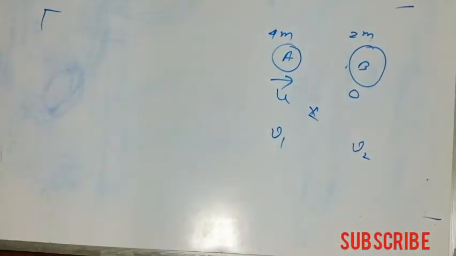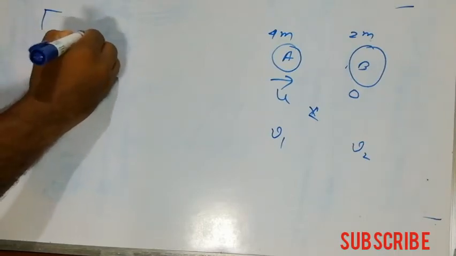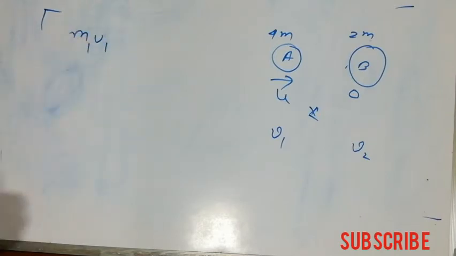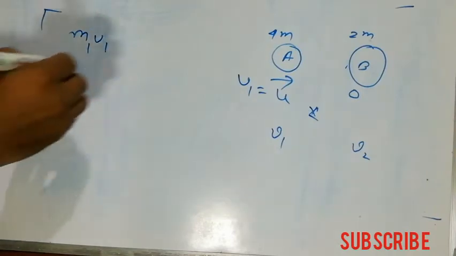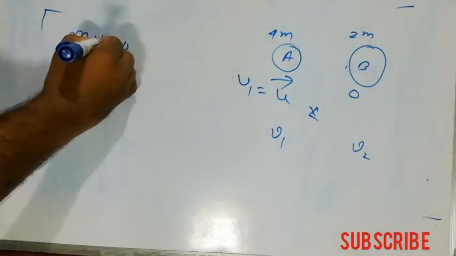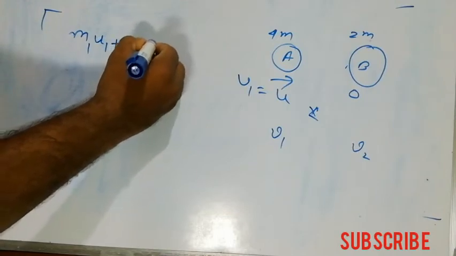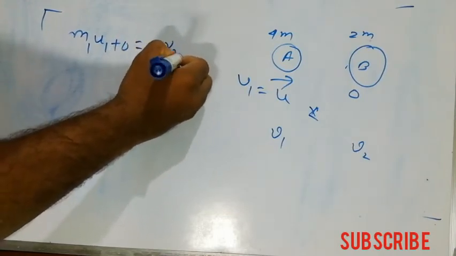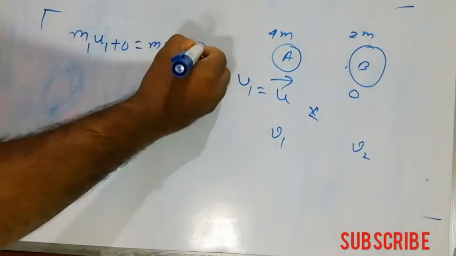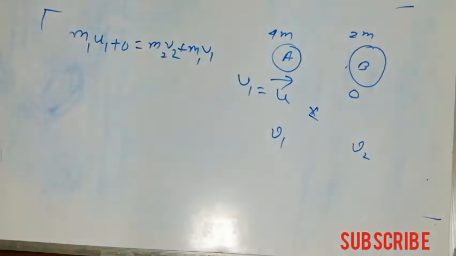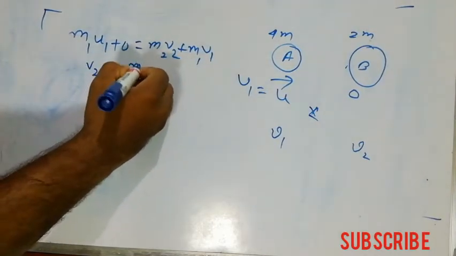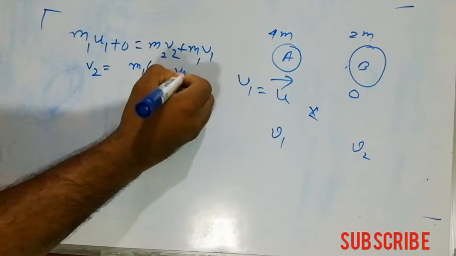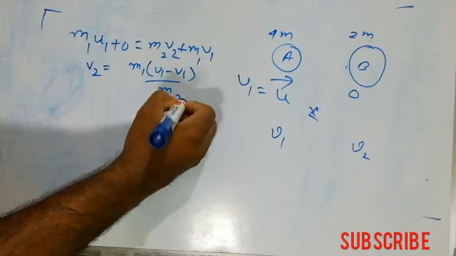So according to the conservation of linear momentum, as it is an elastic collision, we have initial total momentum m1 u1, that is u1 is equal to u, plus 0, is equal to final momentum m2 v2 plus m1 v1. From here we can find v2 equal to m1 into (u1 minus v1) by m2.